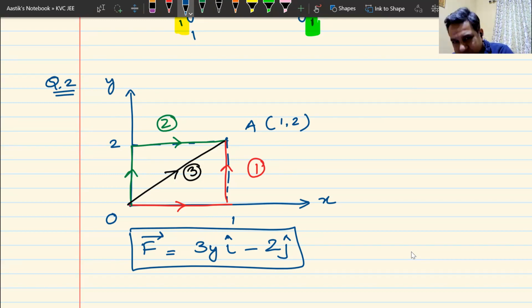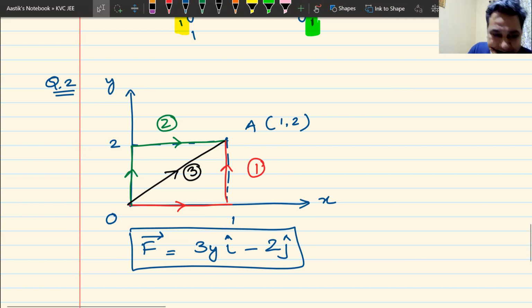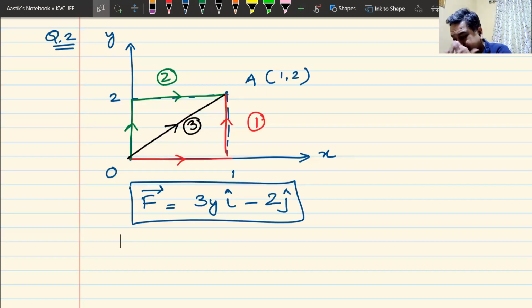What is the answer for this one? And again, what is the way? How are you going to start this question? What is the first thing that you must do? And again, this question will never, ever, ever come in JEE Mains. Never. What is the first thing that you will do? Anyone?